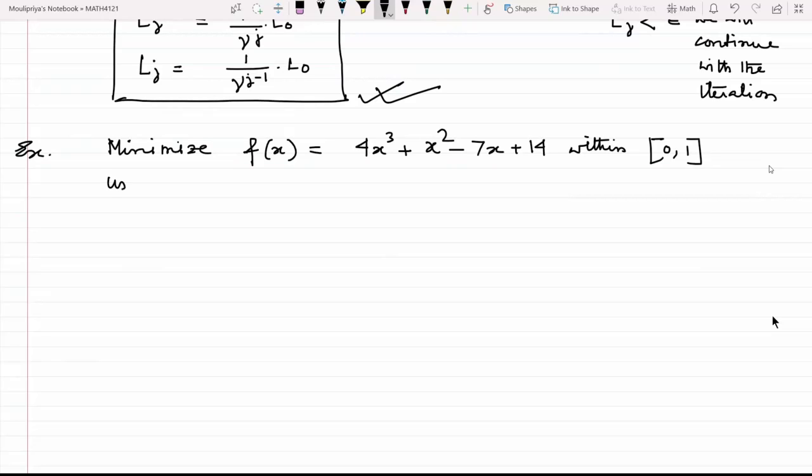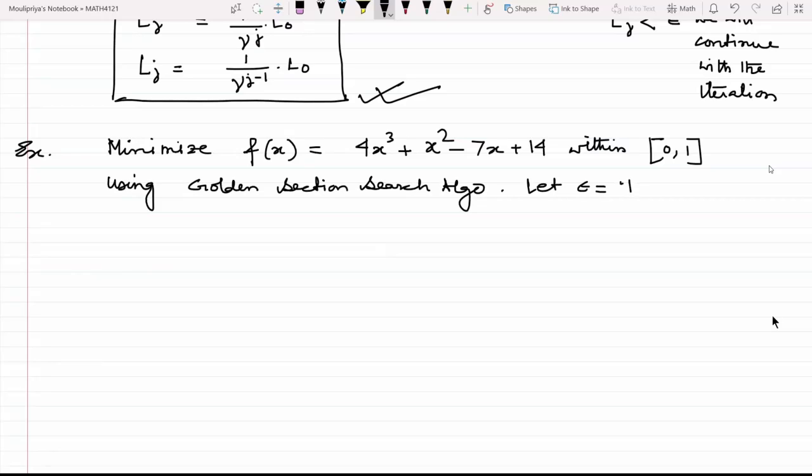You have to do this using the golden section search algorithm, and let epsilon equal to 0.15 be the stopping tolerance.